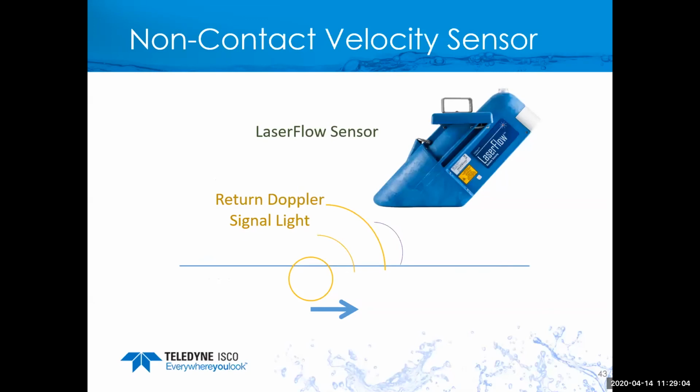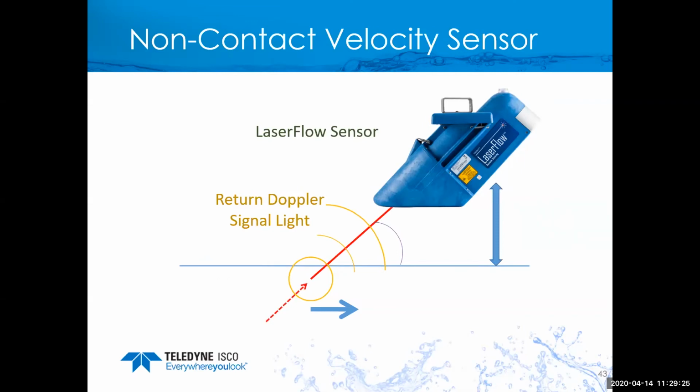And last, we have the laser flow sensor to read velocity as a non-contact sensor. The way that operates, it also uses an ultrasonic sensor to read the distance to the surface of the water. Once it knows the distance to the water, then it can focus the laser below the surface of the water.